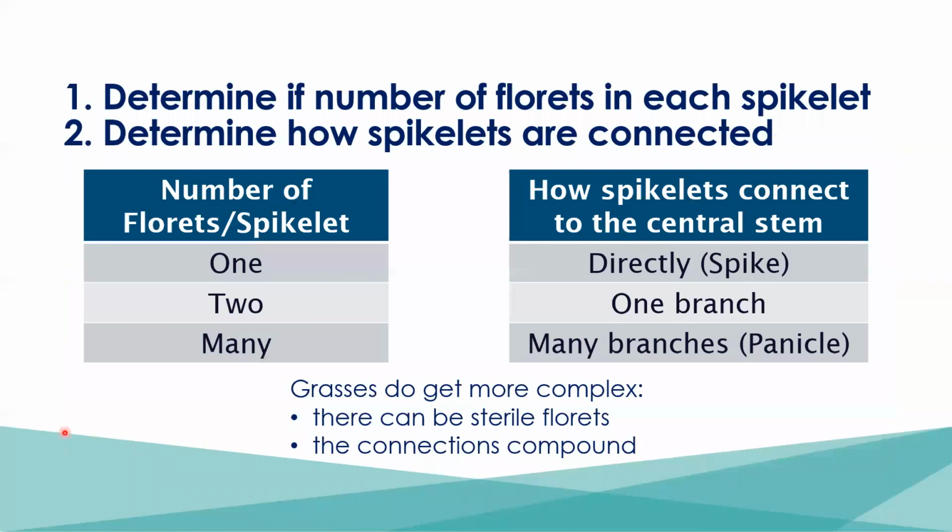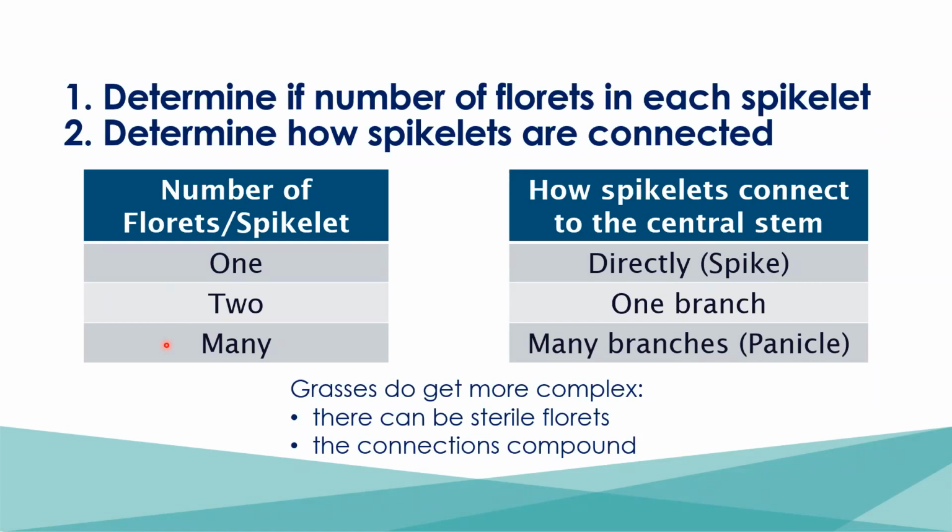So that's pretty much it for the inflorescence. Make sure you can figure out the number of florets in each spikelet, so the number of flowers per that group of flowers. You'll either have one, two, or many, and then how those spikelets connect to that central stem. Are they connected directly in a spike?